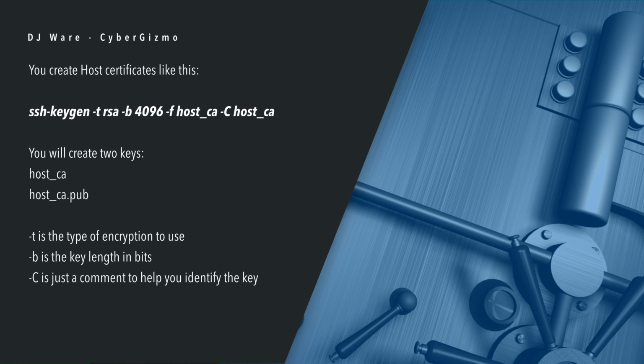In this case, because these keys are longer lived, this would be a higher strength. 4096 is the example here. And then the name of the key with -f, and then a -C, that's a comment, used to later come back and identify some information about what that key is being used for. In our case, this is the one where we're going to pull the private key and use that to sign all of our host certificates.